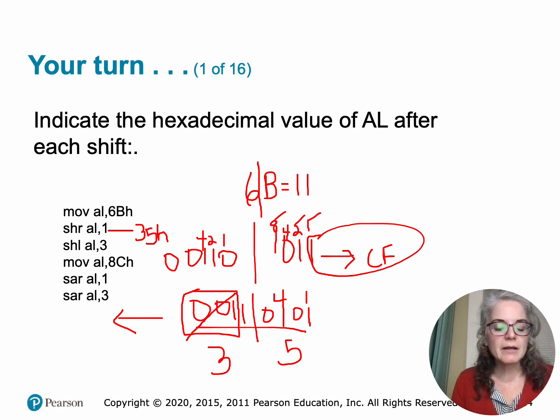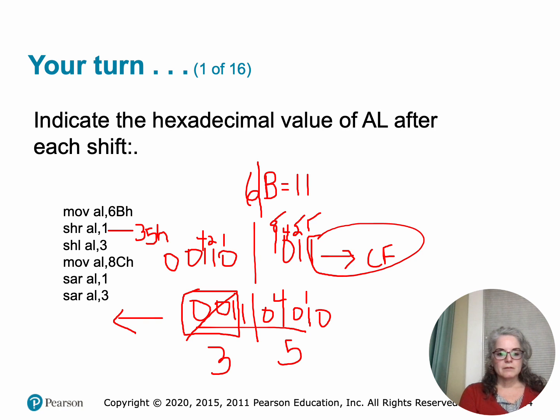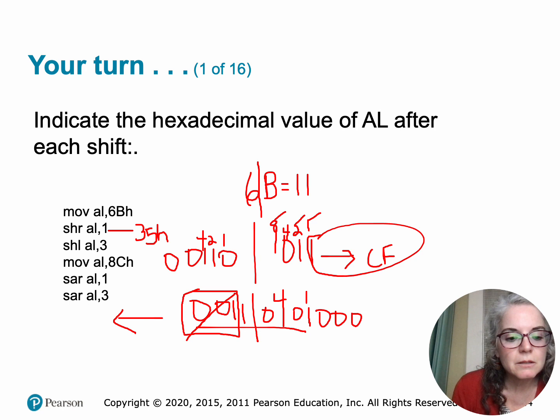And we're going to add 3 bits to this side over here: 1 to the right, 2, 3. So our new number, I'm going to erase this. Our new value is 1, 0, 1, 0, 0, 1.